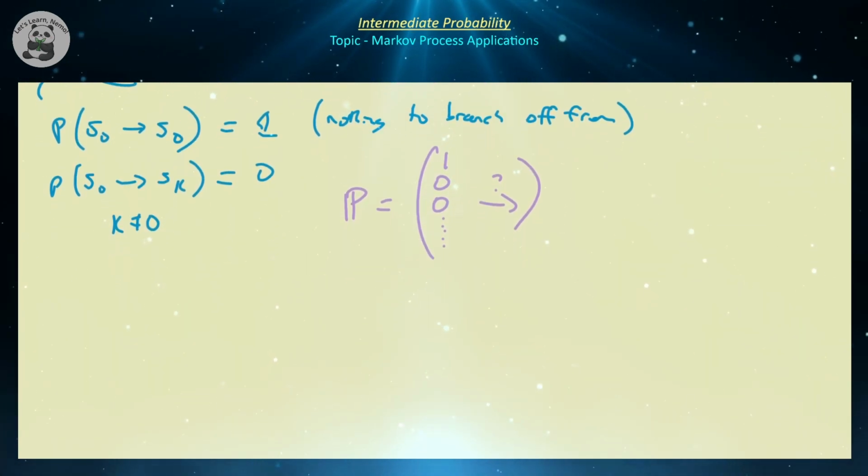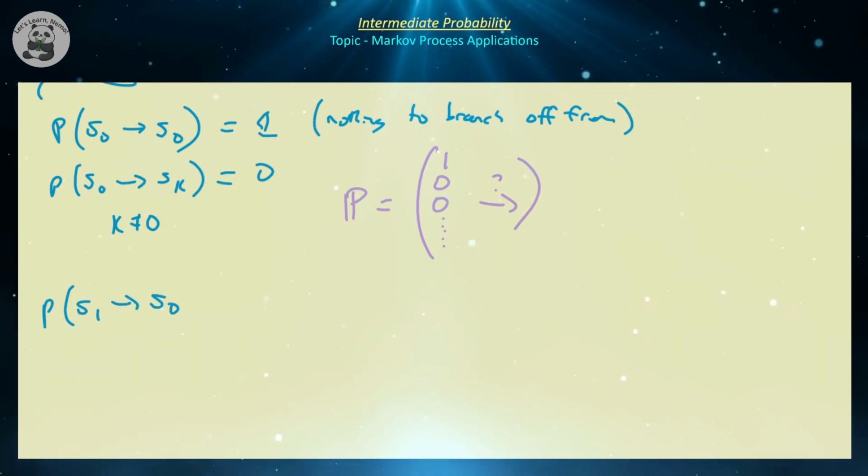So let's take a look at S1. The probability of transitioning from S1 to S0 is going to be equal to what? We only have one node, and it's transitioning to absolutely nothing. It just dies, so the number of branches it produces is 0. That's obviously going to be equal to P0.